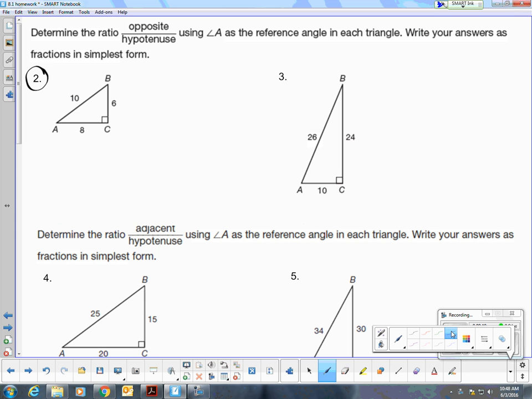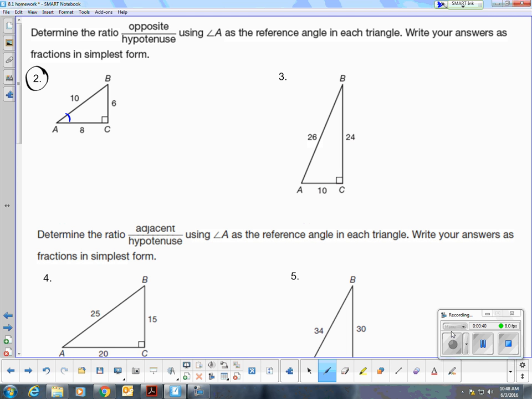So looking at the triangle ABC in question number 2, we're asking to find a ratio, which is a fraction, and in this fraction we want the side opposite over the side that's the hypotenuse. And we're going to be using angle A as my reference angle. So let me place a little mark here at angle A. Here's my reference angle.